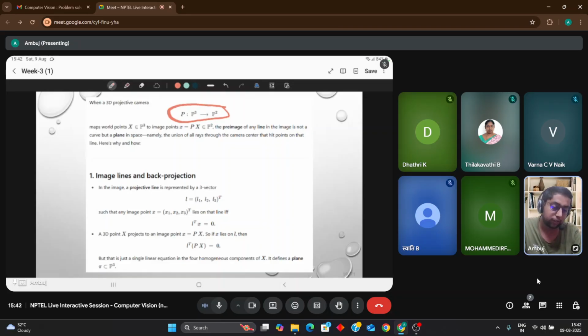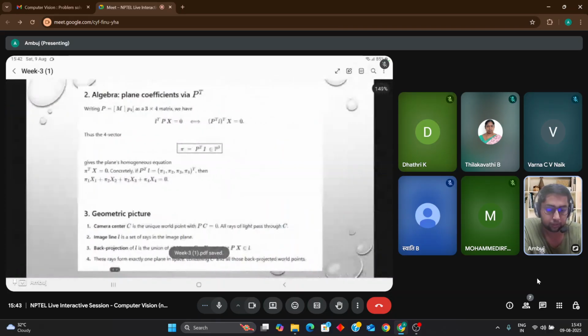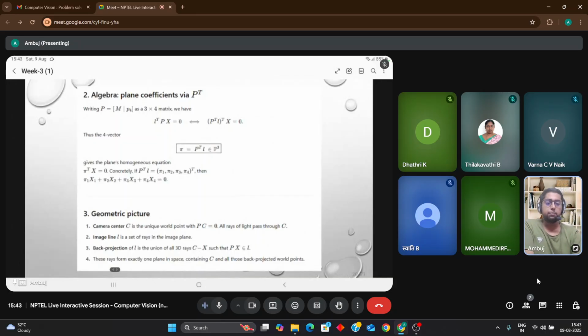So if x lies on L, then L transpose PX equals 0. In linear algebra, we get the plane coefficients via P transpose, writing P as a 3 by 4 matrix decomposed into M and p4. We have L transpose PX equals 0.